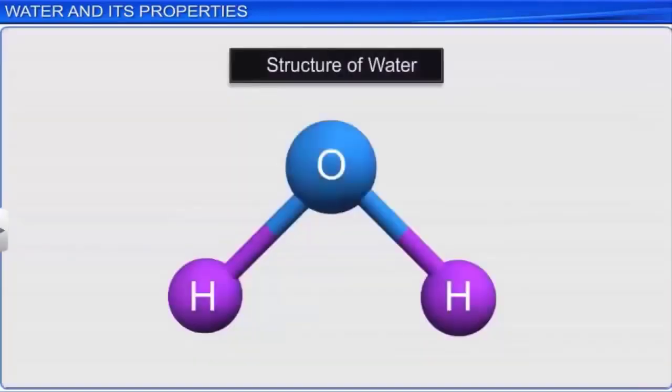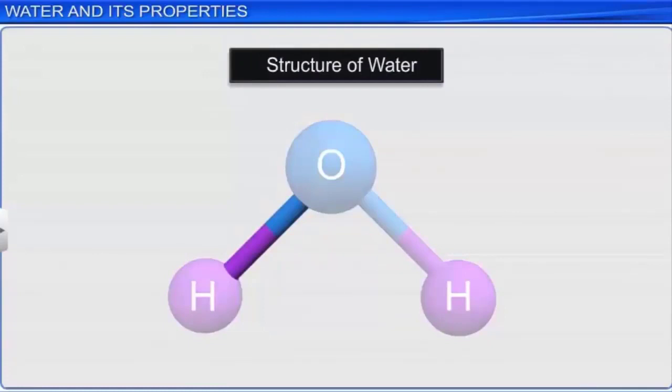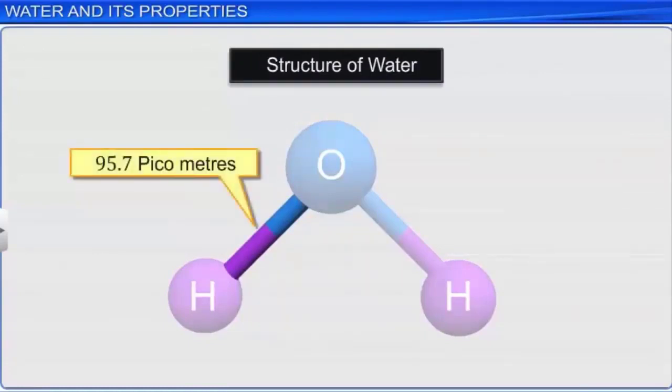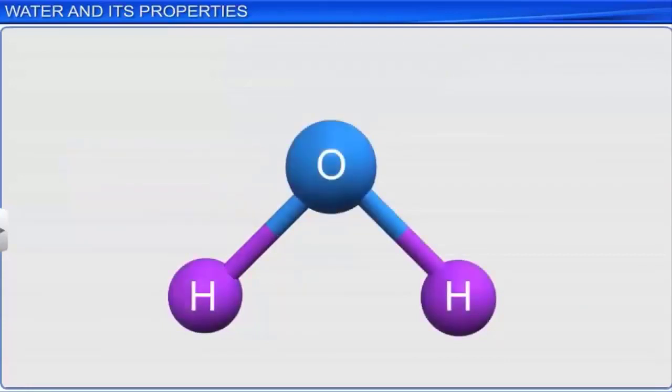The shape of water molecule is bent or V-shape with a bond angle of 104.5 degrees and OH bond length of 95.7 picometers. In water molecule, as the oxygen atom has a higher electronegativity than hydrogen atom, it carries a partial negative charge, whereas the hydrogen atom carries slightly positive charge.